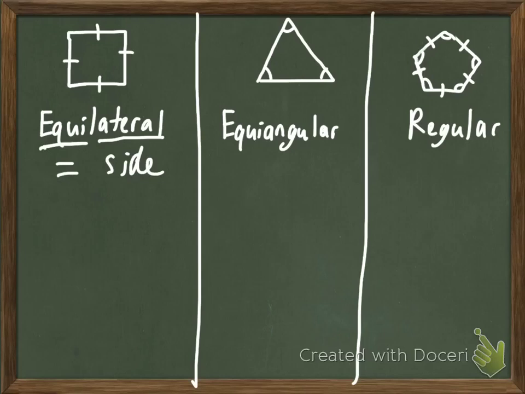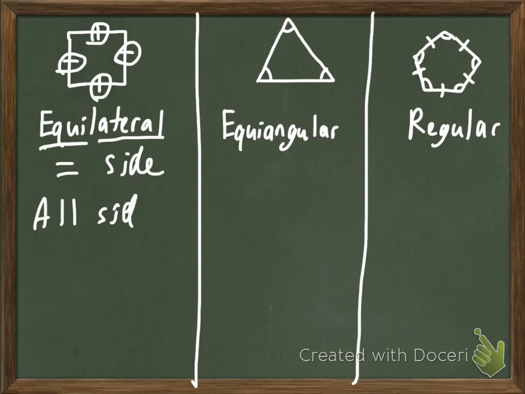Equilateral. You can see also in the picture that it's denoted that each of these sides are congruent. So that tells us that they're also equal, because congruent means that their measures are equal. So if it's equilateral, all sides are congruent.